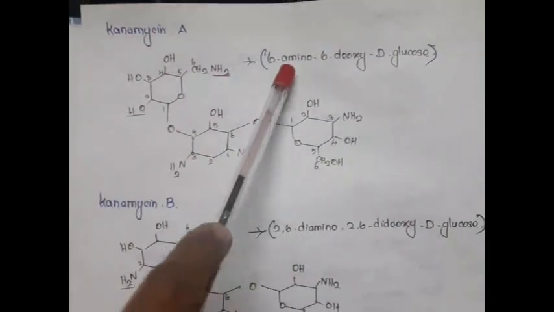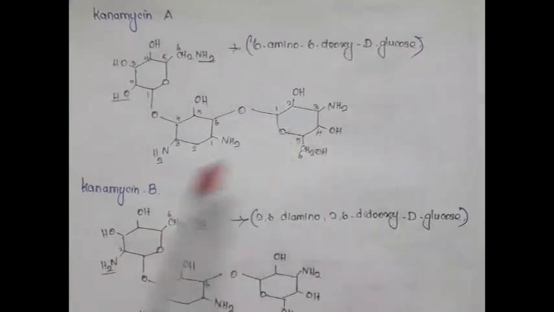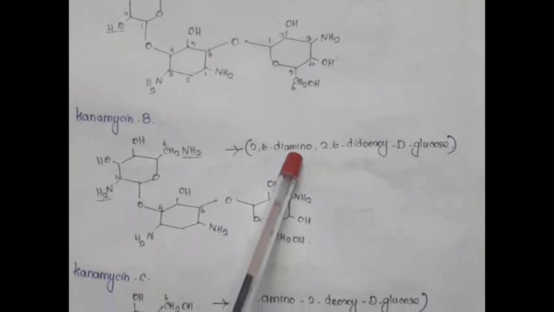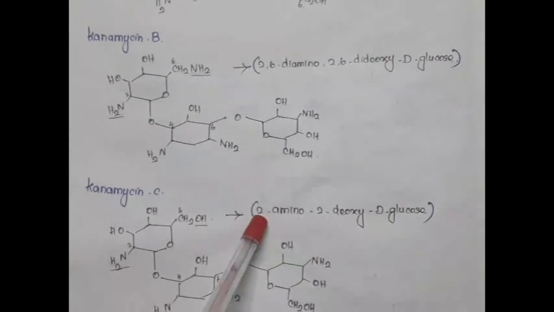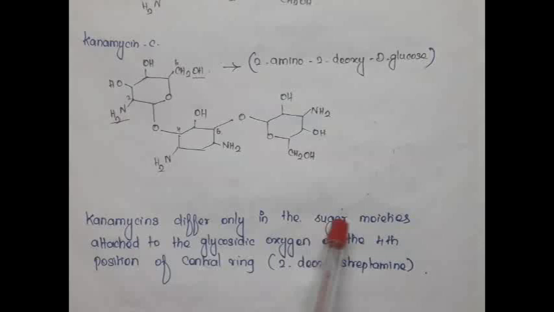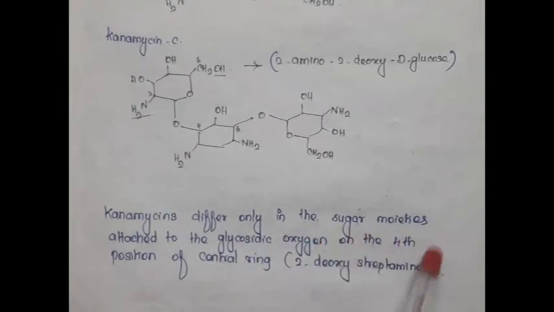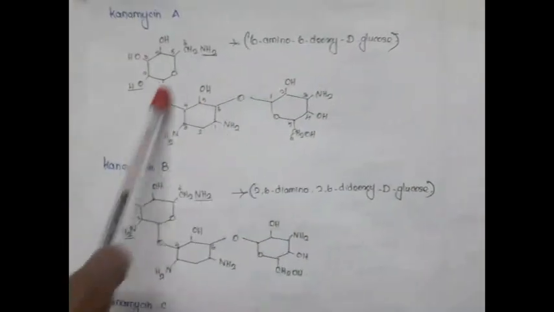What is the difference between these three Kanamycins? Kanamycin A has ring 1 as 6-amino 6-deoxy D-glucose, whereas B has 2,6-diamino 2,6-dideoxy D-glucose, whereas C has 2-amino 2-deoxy D-glucose. So the Kanamycins differ only in the sugar moiety attached to the glycosidic oxygen on the 4th position of the central ring.